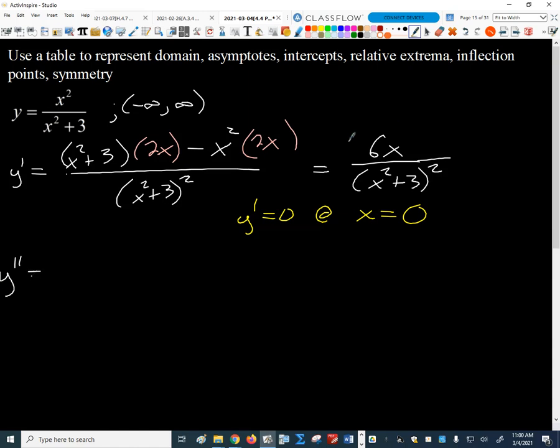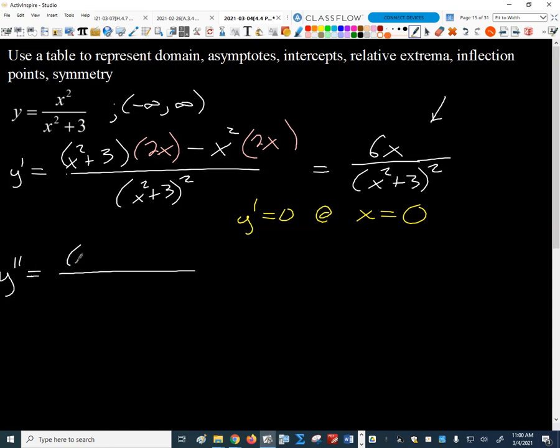We'll use that simplified quotient form right there to calculate the second derivative. What am I going to get for my second derivative here? Daisy. I'm going to have to do another quotient, aren't I? Yeah. Okay, so it would be 6 times the denominator.